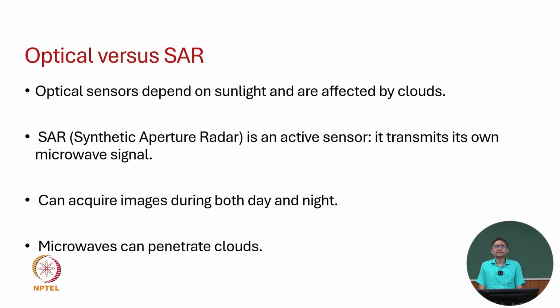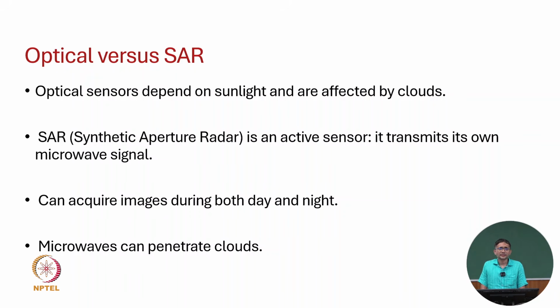It's very important to understand the differences of SAR with respect to optical images. Optical sensors are passive sensors, and they depend on sunlight availability, and are also impacted by cloud. Whereas SAR is an active sensor.